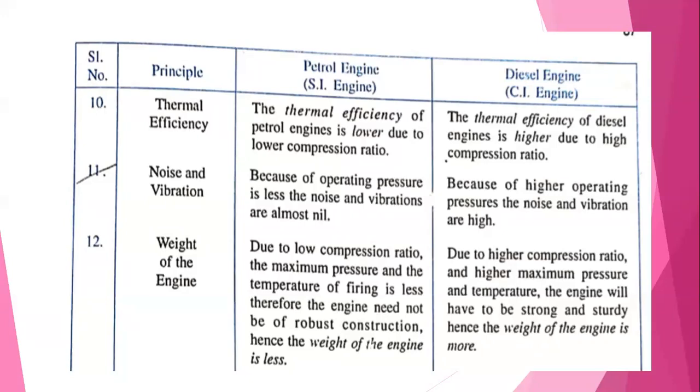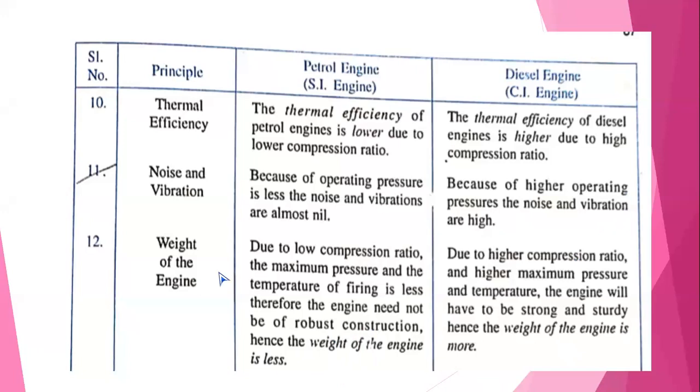So for that reason, the weight of the engine is very much essential for getting good fuel economy. In the petrol engine, all of you observe here, the weight of the petrol engine is less. Due to that, you have more fuel economy.